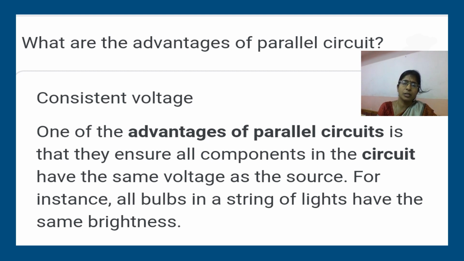With the help of this threaded base, you can easily identify the parallel circuit. Whereas in the series one, the bulbs are connected one to the other end to end. So we can say that the main advantage of the parallel circuit is that they ensure all the components have the same voltage in the circuit. So this is the advantage.